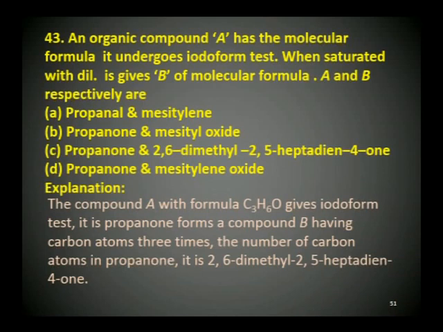The compound A with formula C3H6O gives the iodoform test. It is propanone. It forms a compound B having carbon atoms 3 times the number of carbon atoms in propanone. It is 2,6-dimethyl-2,5-heptadien-4-one. So the answer is C.